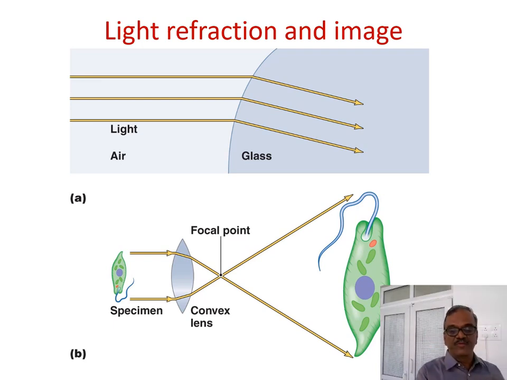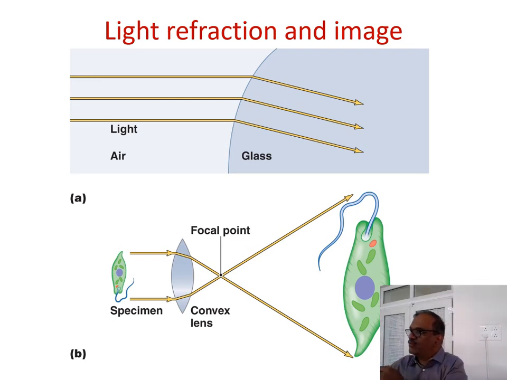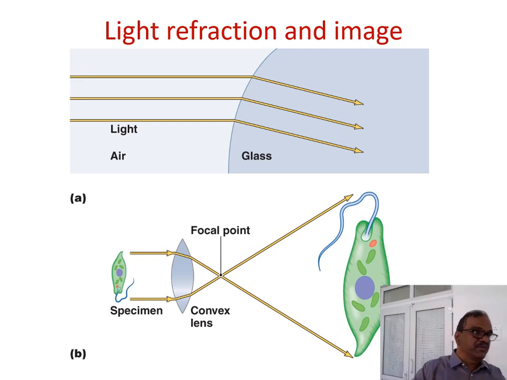The specimen is kept, the convex lens is kept in between, then there is a focal point, and it enlarges the shape and size of the object and shows a reverse image. This is for a single lens. Then if you are using another one, it goes to a normal position. You get the magnification as well as the normal image of the specimen kept on the stage.